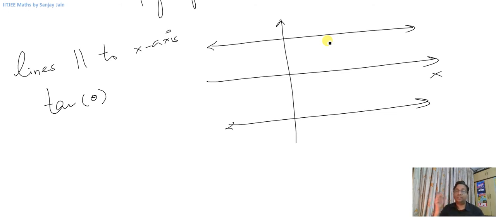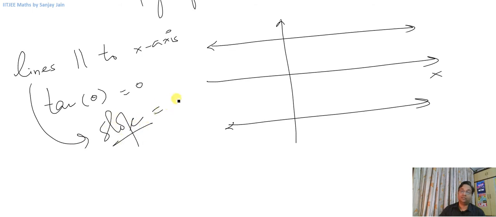Or in other terms we can say this line makes an angle of 0 degree with the positive direction of x-axis, right? So tan of 0 is 0. That means slope of the lines parallel to x-axis is 0. And what is the slope of x-axis itself? It is also 0, right?